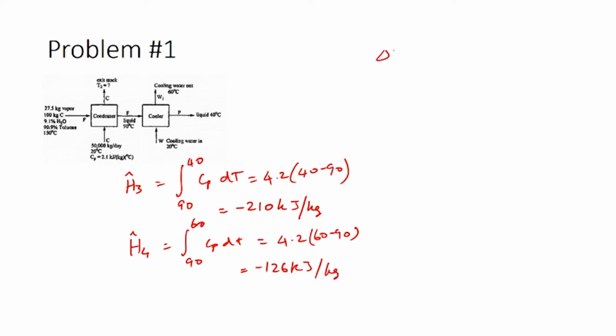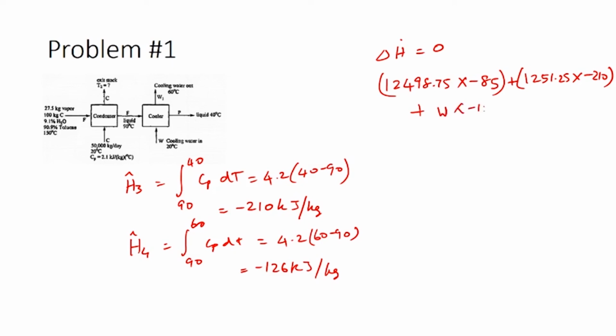We had already simplified the general energy balance equation as delta H dot equals 0. Substituting all these values for H caps and the masses, we would have 12,498.75 times minus 85 plus 1251.25 times minus 210 plus W times minus 126.